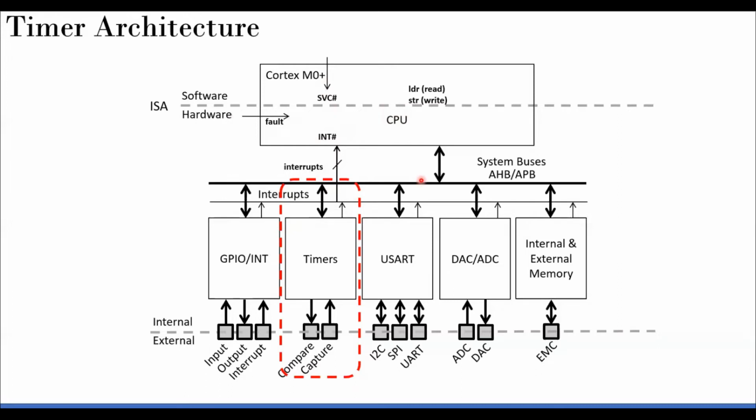Anything other than that, the typical load store operation, will communicate through the system bus, right? Each of these, GPIO, timers, USART which includes I2C, SPI and your serial protocols, DAC, ADC, external and internal memory, everything will communicate to the CPU in the conventional way through the bus system. If it is interrupt based, it will have to go through the NVIC. So that concept should go into your mind.